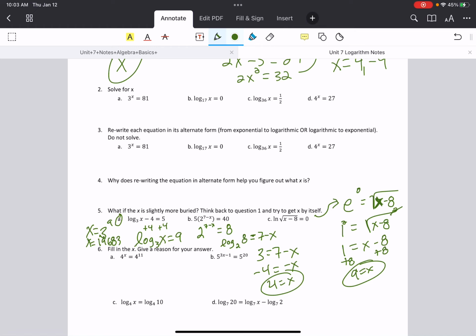Anyone have any guesses what X is? Caden? 11. That's true. Okay, I'm going to show you why it's 11 mathematically, but I bet your process of logic and reasoning, if you look at it, isn't it clear X is 11, right? Okay, let me show you technically why X is 11.